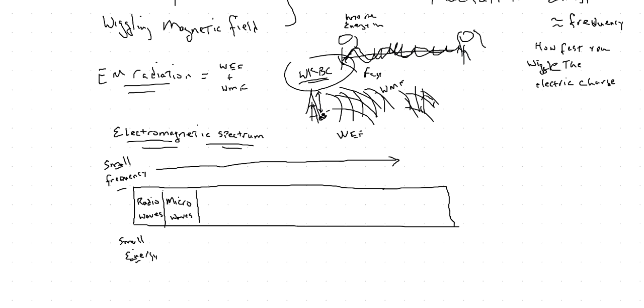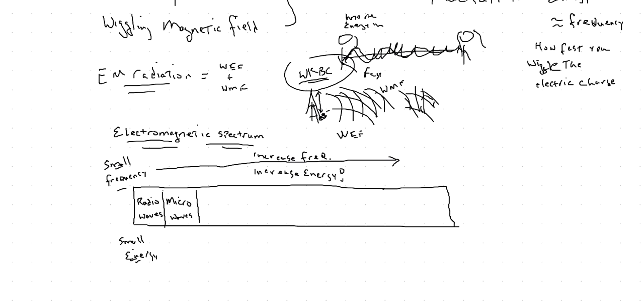Remember, if we increase how fast we wiggle, we're also going to increase the energy. Again, think of the jump rope. The faster you wiggle it, the more energy you put in. So microwaves have more energy than radio waves.